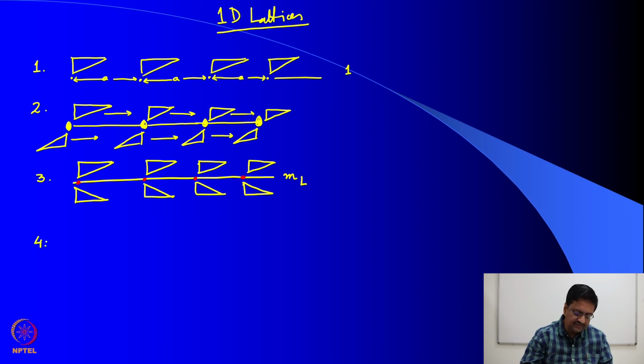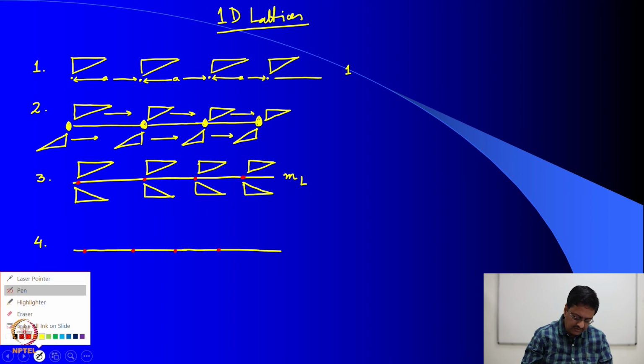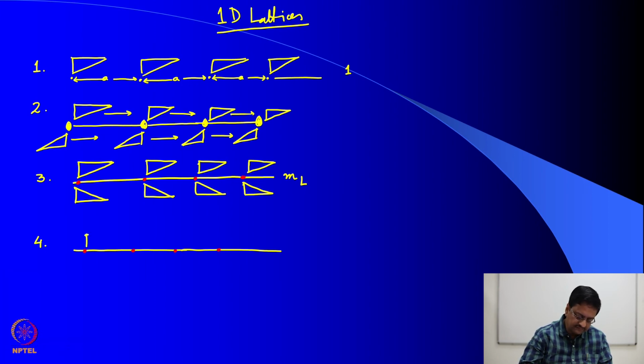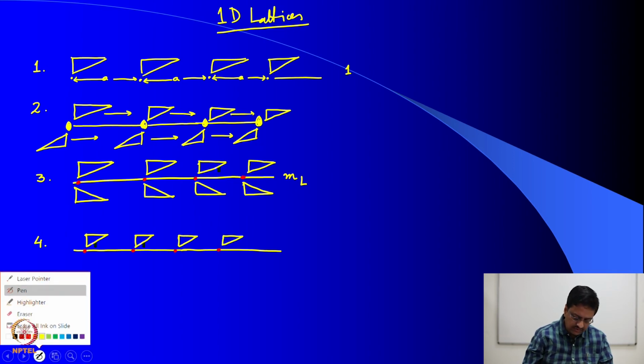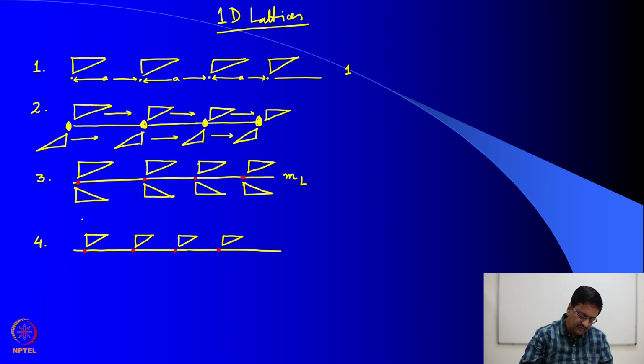The fourth type of lattice has a mirror which is perpendicular to the direction of translation. So this translation, as usual, is in the direction from left to right, and the object is here. Now, there is a mirror passing through this point.